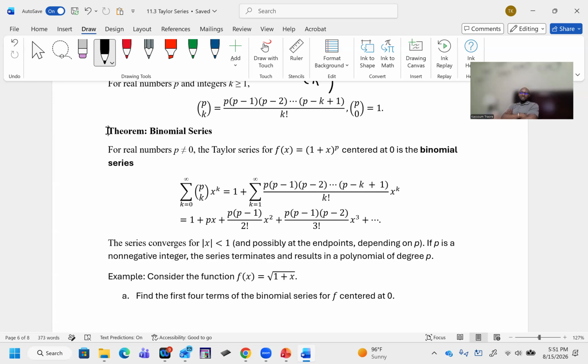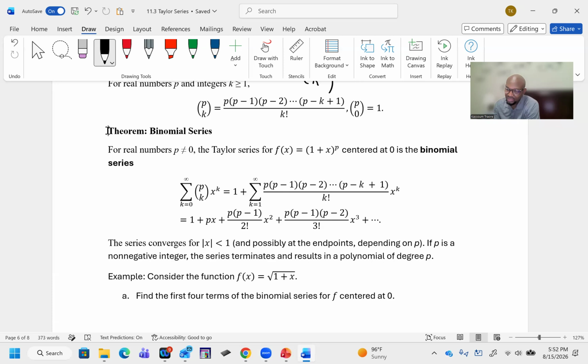And that will give us equal to 1 plus px plus p times p minus 1 divided by 2 factorial times x squared plus p times p minus 1 times p minus 2 divided by 3 factorial times x cubed plus and so on. And the series converges for absolute value of x less than 1 and possibly at the end point depending on p. If p is a non-negative integer, the series terminates and results in a polynomial of degree p.